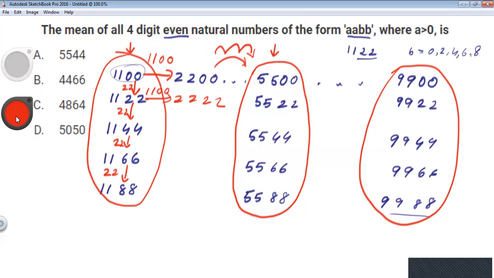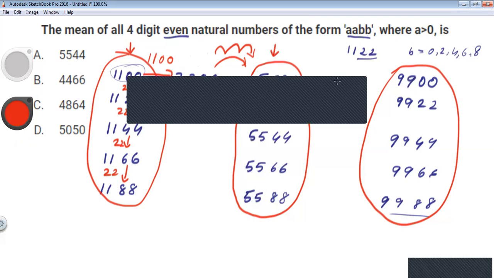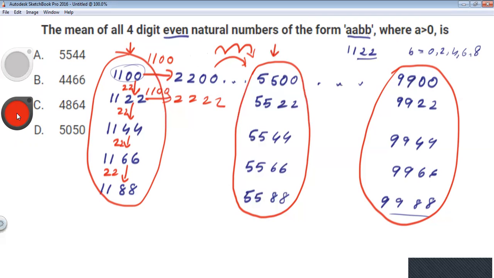Now in the fifth column, we can easily notice that there are 5 values: 1, 2, 3, 4, 5. Since they are again equidistant from the middle one, this is 22 minus and this one is 22 plus.